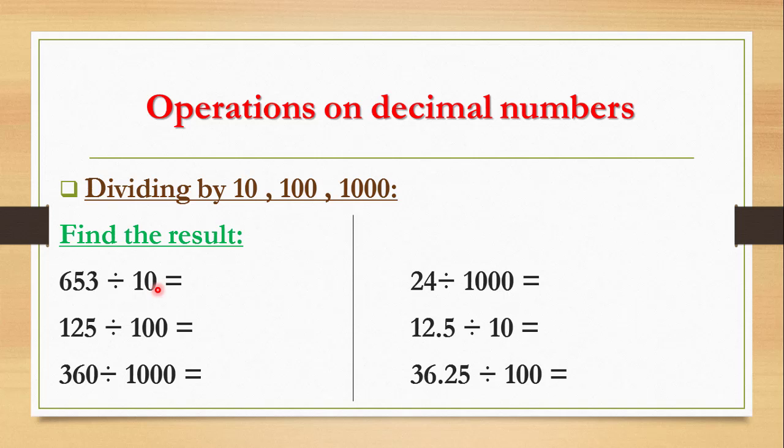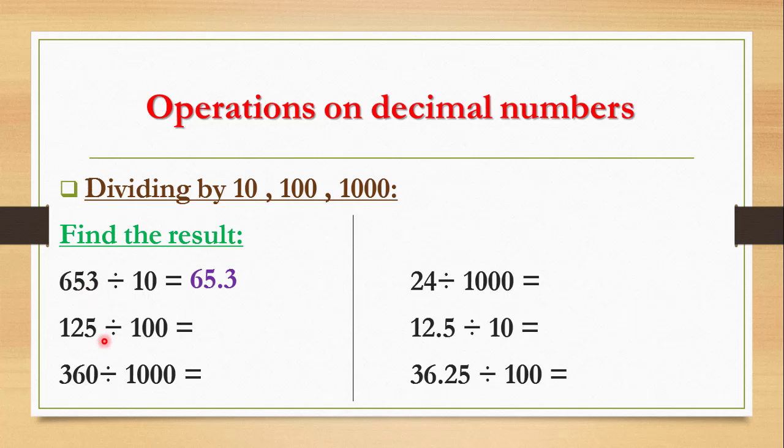For example, here we have 653. We have 3 places. I'll count only one place from the right, then I'll put the decimal point. Why only one place? Because we have 10 and 10 has only 1 zero. So I write 65.3. So count from the right, only one place and put the decimal point.